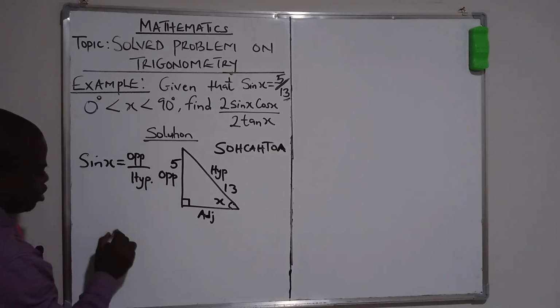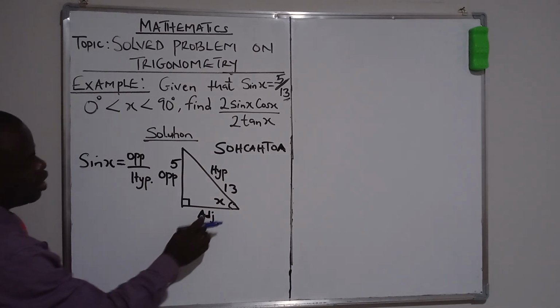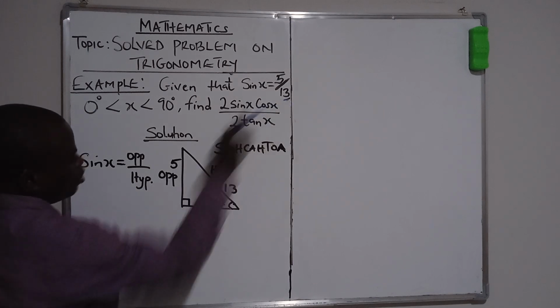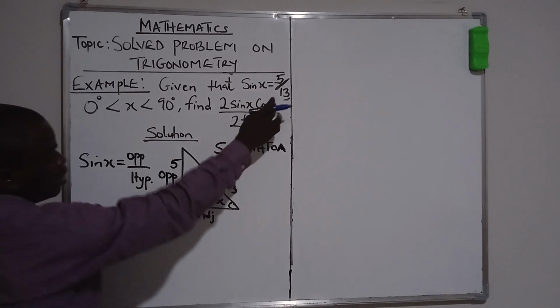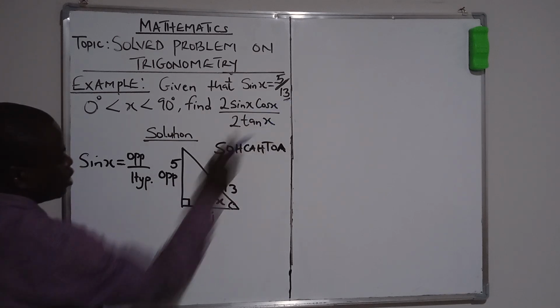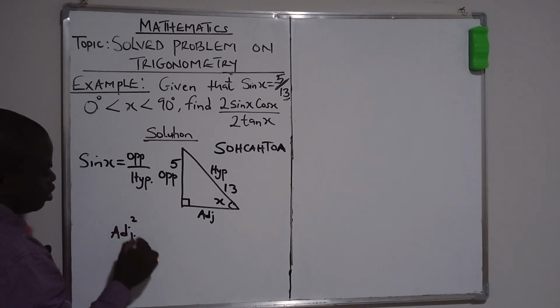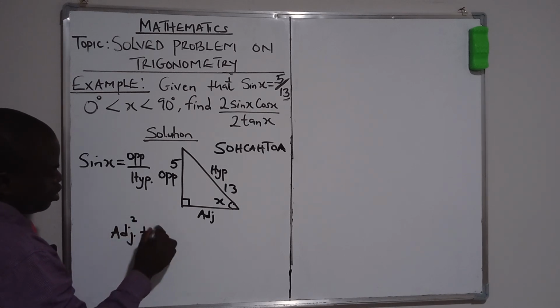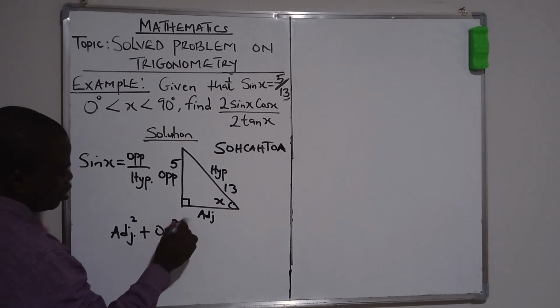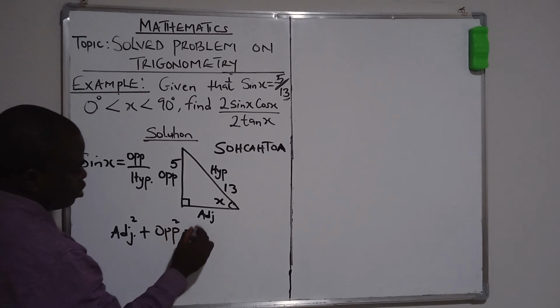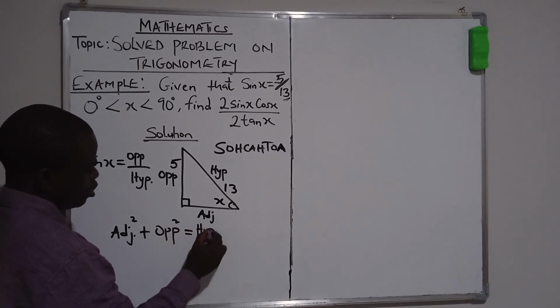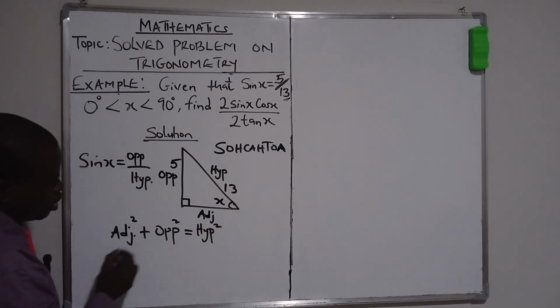Using Pythagoras theorem, you get the adjacent so that you can get the other sides, to be able to get the cos x and tan x. Now write adjacent squared plus opposite squared equals hypotenuse squared.